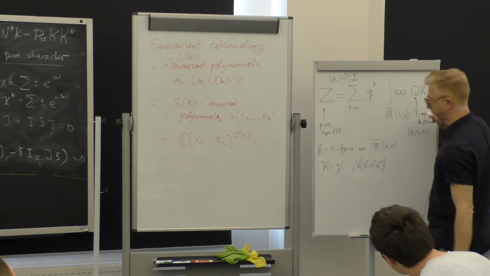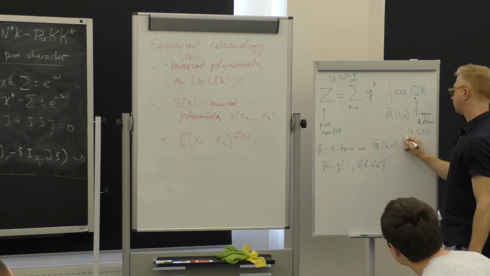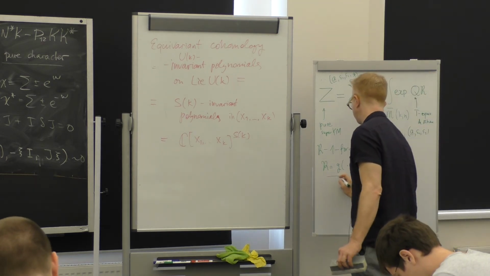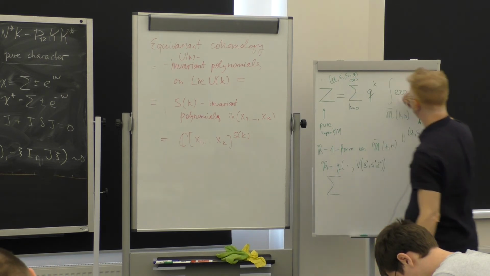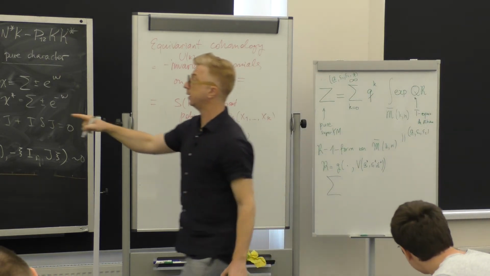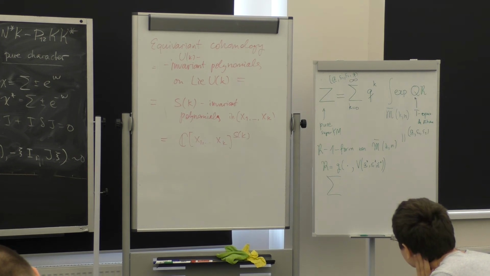And by the arguments from yesterday, this is equal to the sum over the fixed points, which I described, which are the collections of Young diagrams.